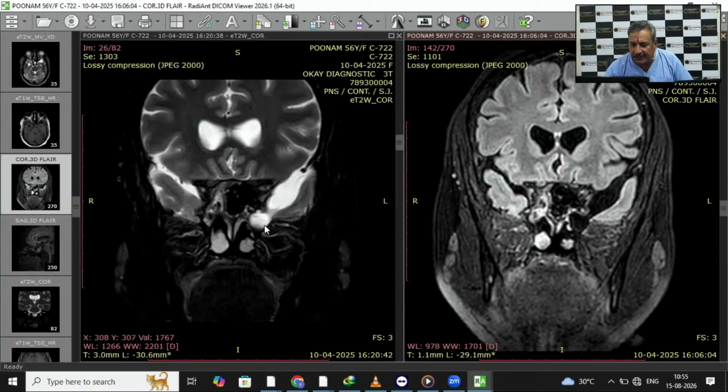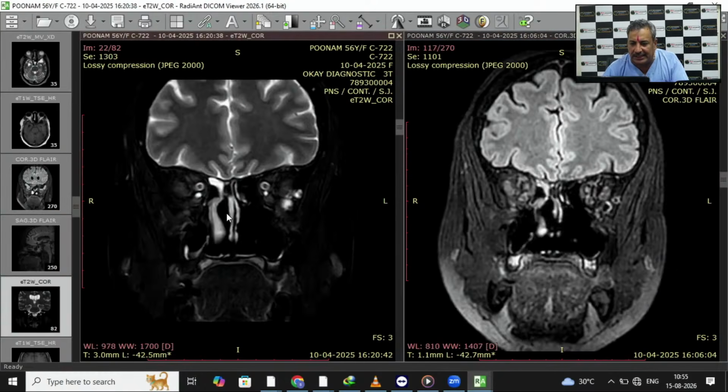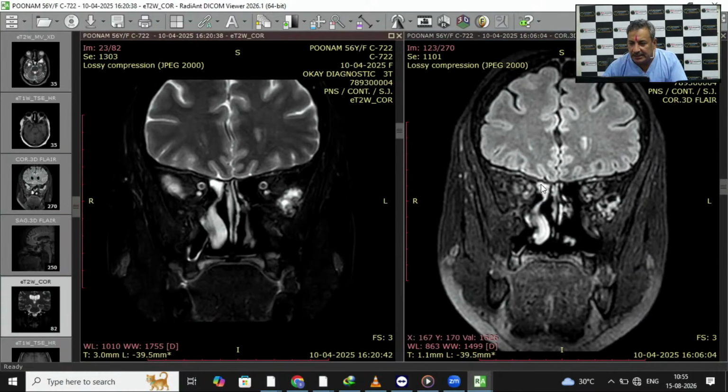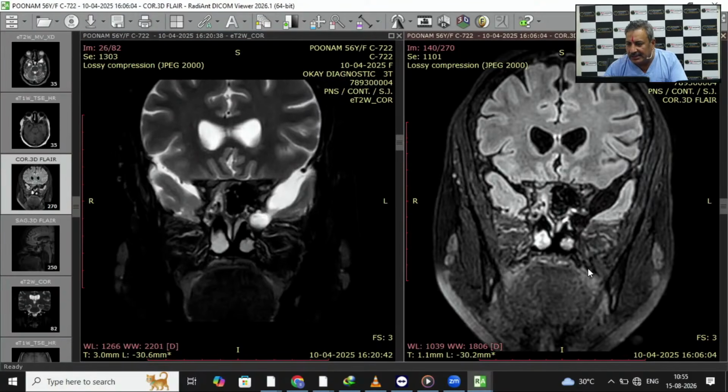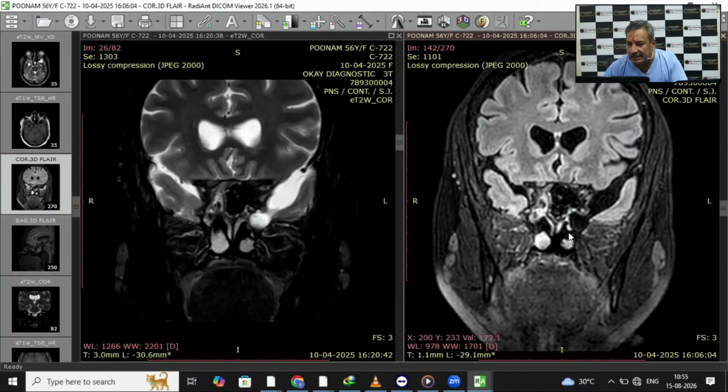This is definitely CSF, not sinusitis. Had this been sinusitis, it would have been bright. See on the opposite side, the sinusitis is bright on both sequences, but the CSF here is dark. This is the investigation of choice. These two sequences, if you order them, you can diagnose or you can rule out any CSF rhinorrhea.